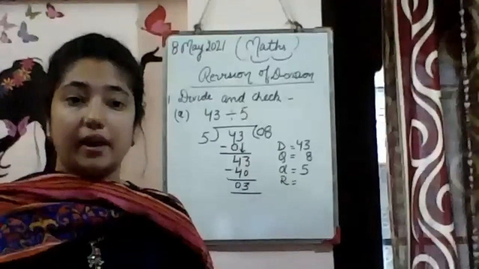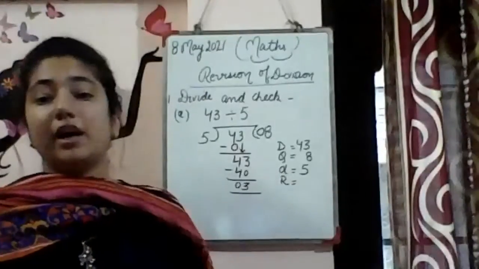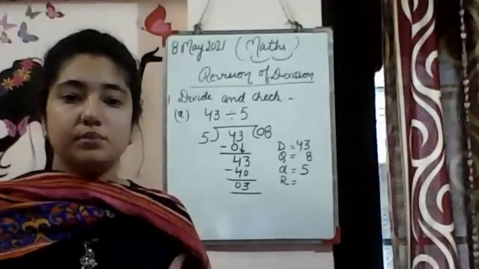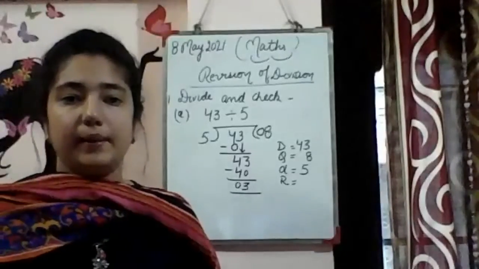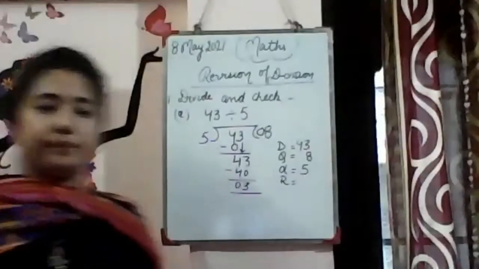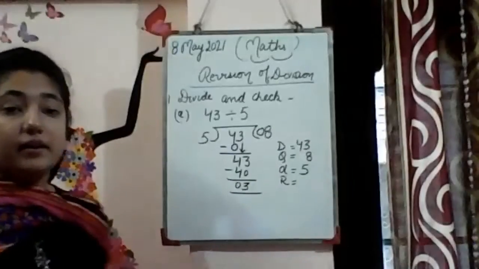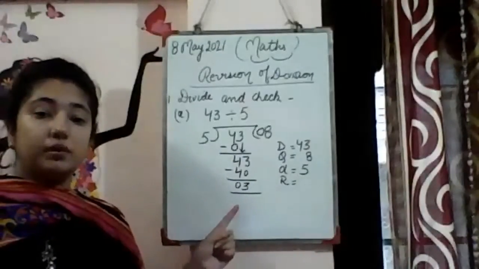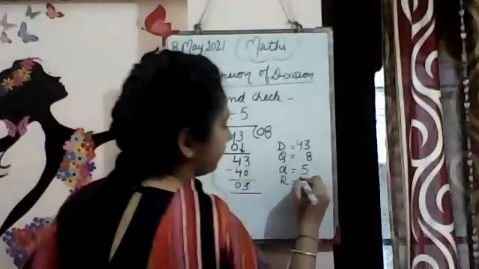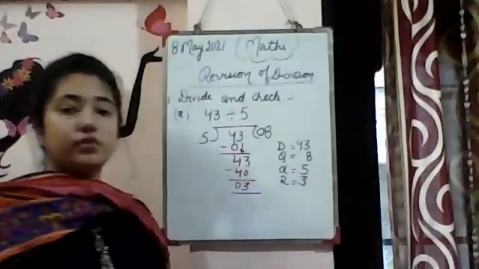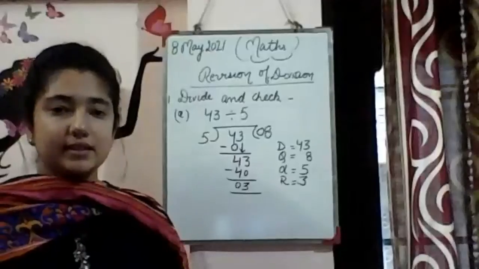Because I am doing it very slowly, so that you can also do. Show me your thumbs up if you are doing it along. Harleen, okay. So what is our remainder? Remainder means the number which we are left with. Yes, 3. So now we are left with 3 and we all know what is the checking formula.